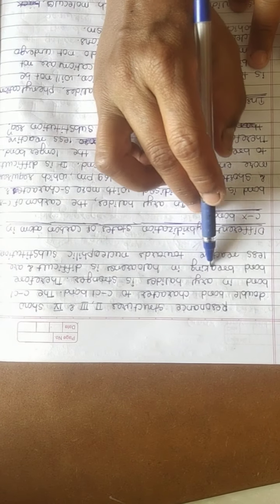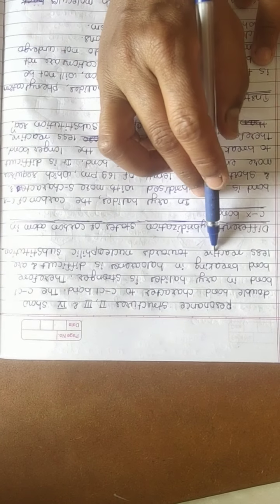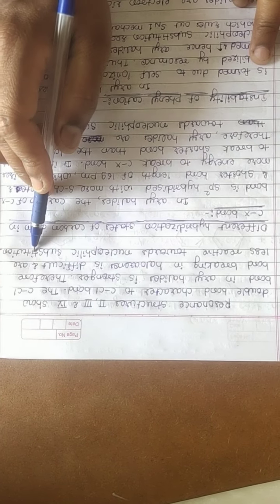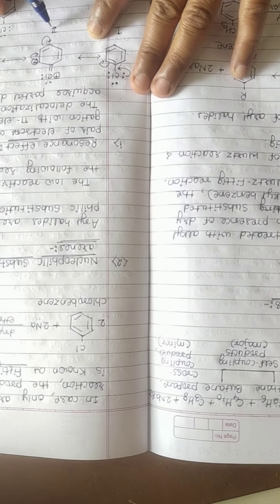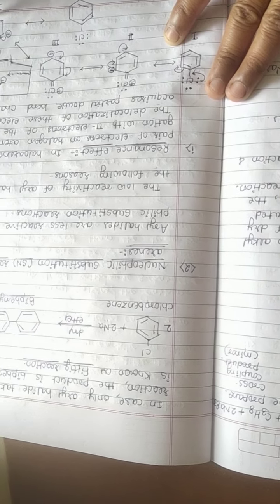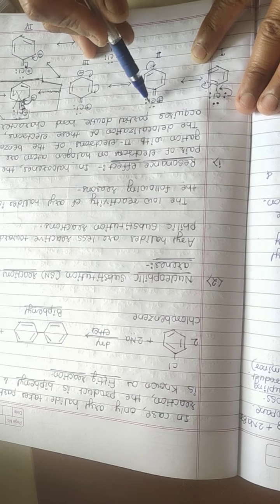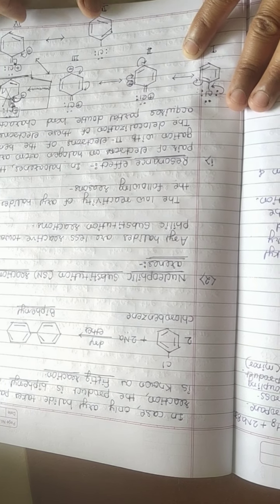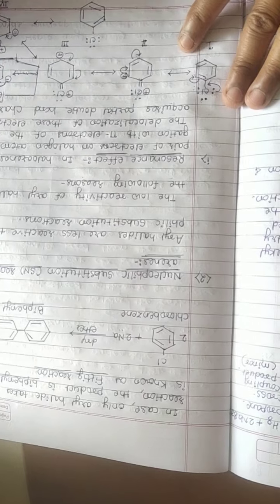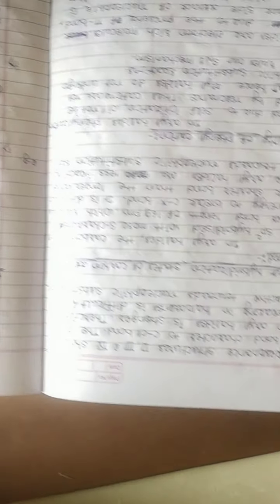Therefore bond breaking in haloarenes is difficult and they are less reactive towards nucleophilic substitution reaction. In these three structures, second, third and fourth, the double bond is present between carbon and chlorine. This double bond is not easily broken. Therefore aryl halides do not easily undergo the nucleophilic substitution reaction.